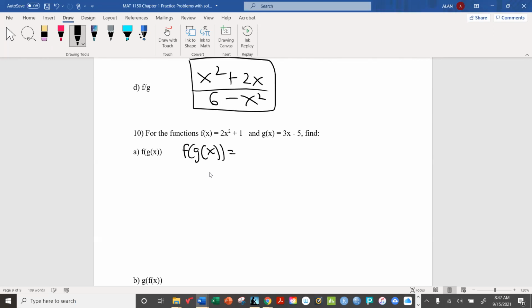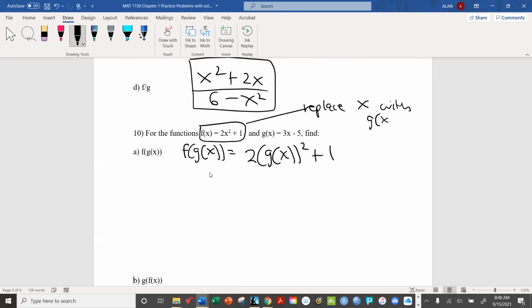So instead of 2x squared plus 1, we'll have 2 times g of x squared plus 1. That's the key to the whole thing. Whatever's in here, replace x with g of x. And then, of course, make the proper substitution.